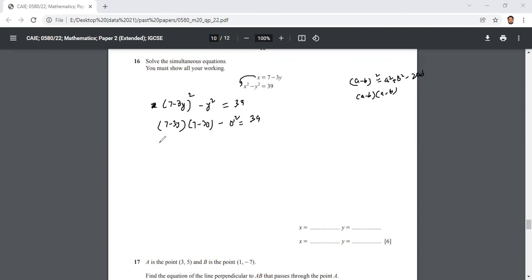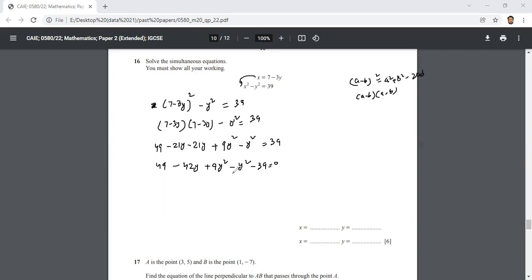Then we have 49 minus 21y, again minus 3y multiplied by 7 gives minus 21y, and then minus times minus is plus, 3 times 3 is 9y squared, minus y squared equals 39. So 49 minus 42y plus 9y squared minus y squared. Take 39 from right to left and simplify the like terms.